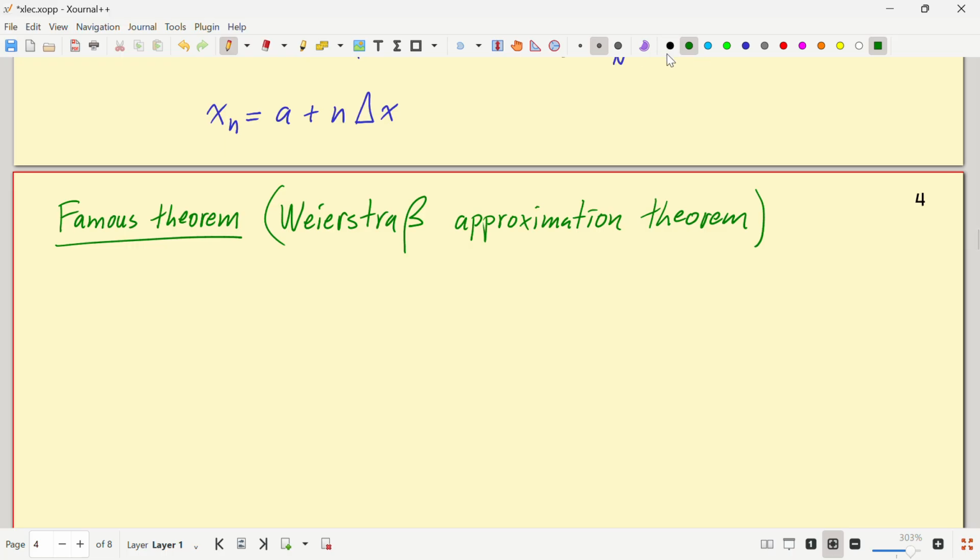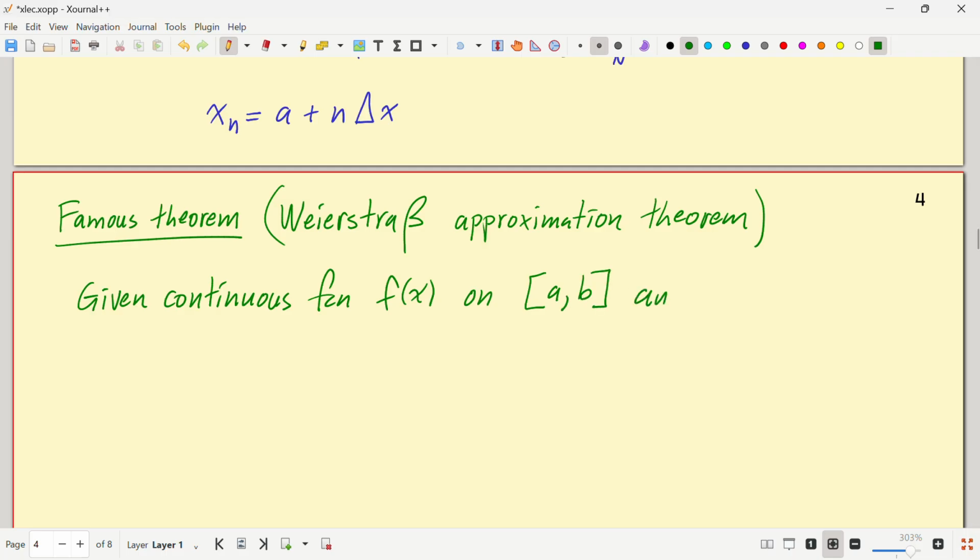And it says this: given a continuous function on a closed interval [a, b], and epsilon bigger than 0, there is a polynomial P of x.